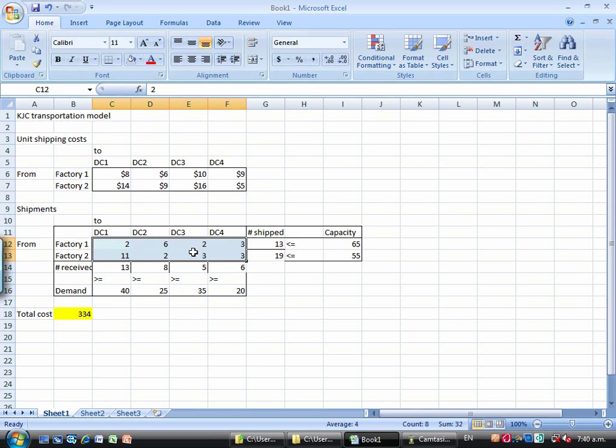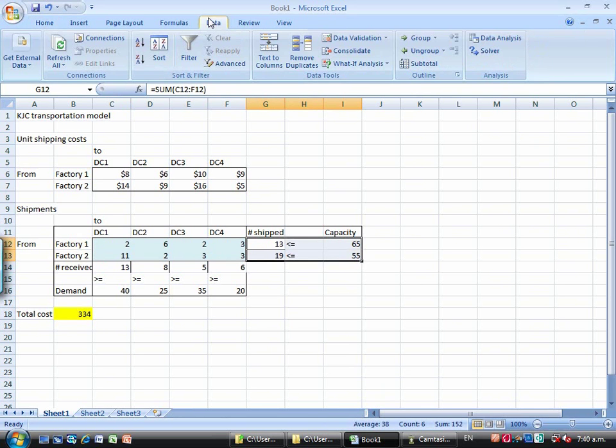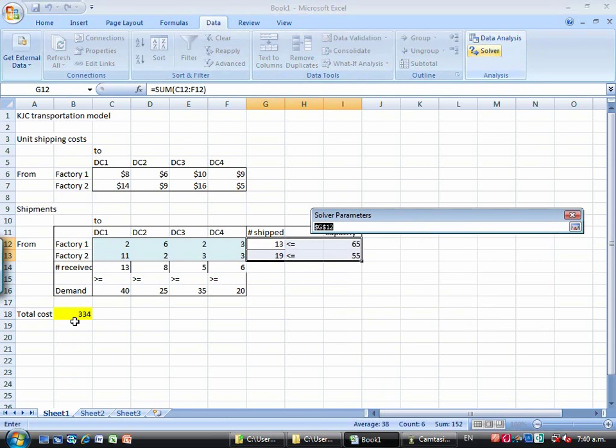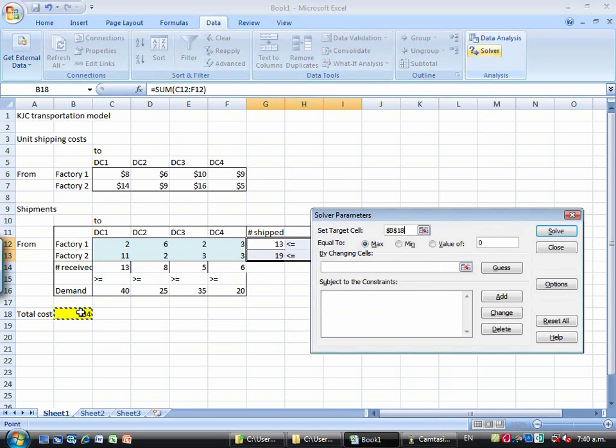So we've got some numbers on there, but as you can see here, these numbers that I've added in as a test don't meet these constraints. So we want Solver to give us, as usual, the optimal answer. So loading up Solver again, setting our target cell will be the total costs. We want to minimize it.